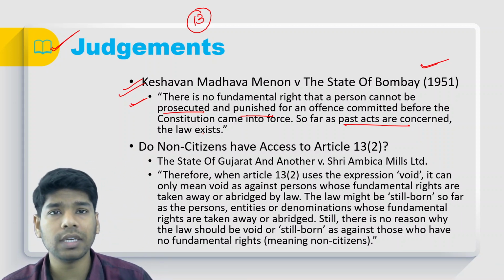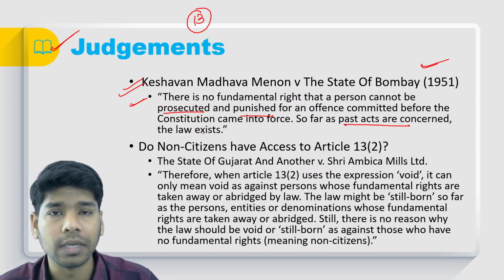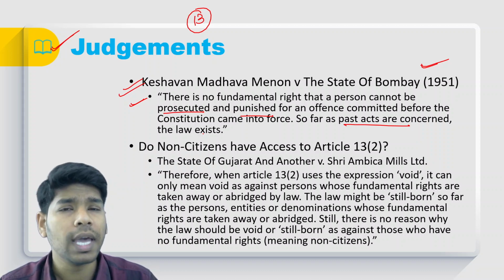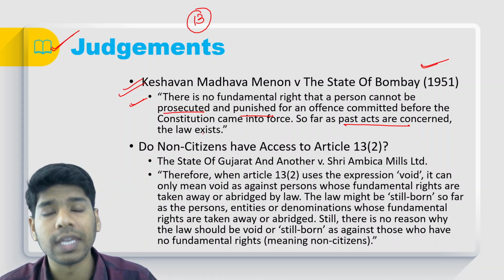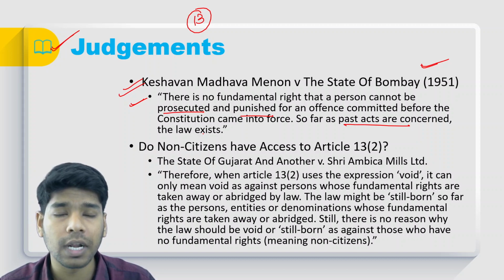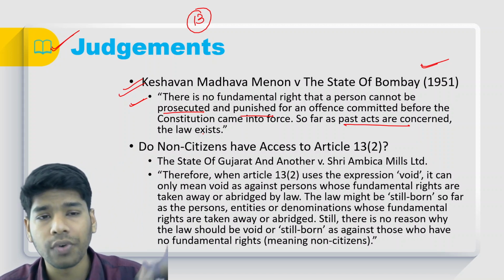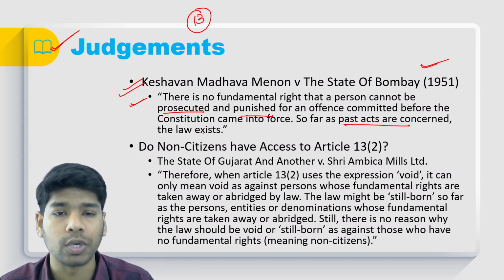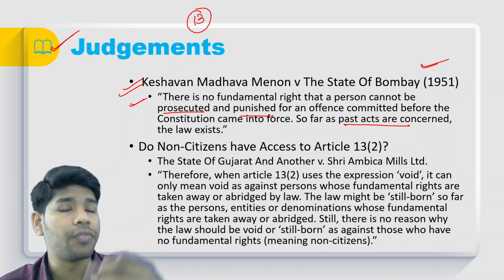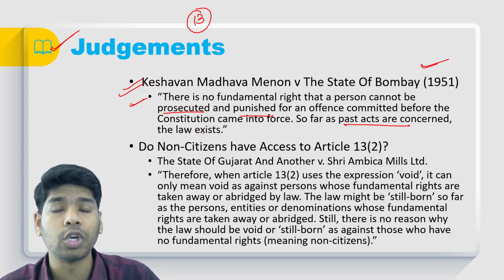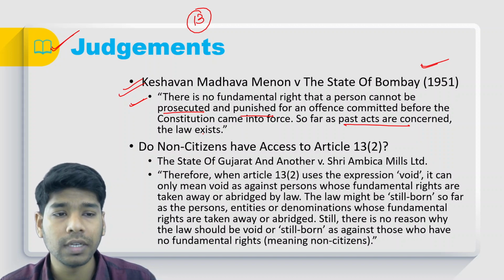Suppose my dignity is violated, defamatory comments were made about me, but the constitution did not come into force. Can I really file a case on him? Yes, definitely, right? As far as the fundamental rights are concerned, there is no fundamental right that a person cannot be prosecuted. That means against the violation of any fundamental rights, any person can be prosecuted if it is violated, right?